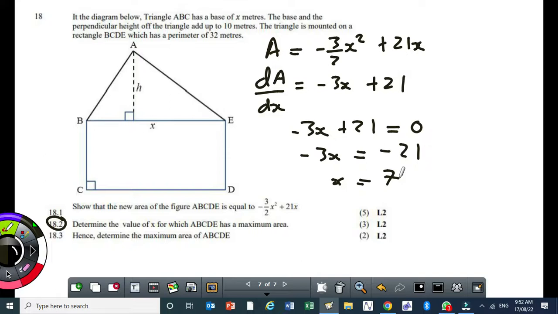Are you following? Then the last question says, hence determine the maximum area. So the maximum area is A max. We just substitute x equal to 7 into this expression here. So again, you should be able to do 18.3.